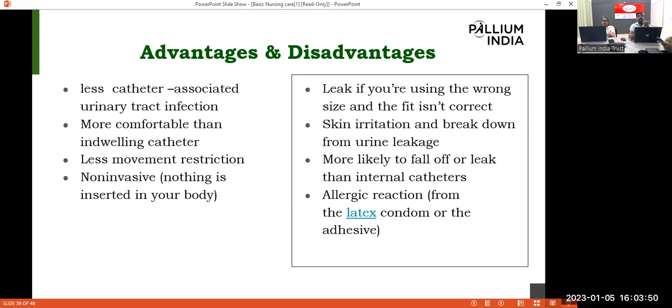If leakage of urine is continuous, the perineal area and other areas are continuously in contact with urine on the skin, and it will cause skin peeling and other skin irritations. Then it is more likely to fall off, or leak, than internal catheters. Then allergic reaction also. The urocondom is a latex material only. So if this material is allergic to the skin, it will cause an allergic reaction in the applied area.